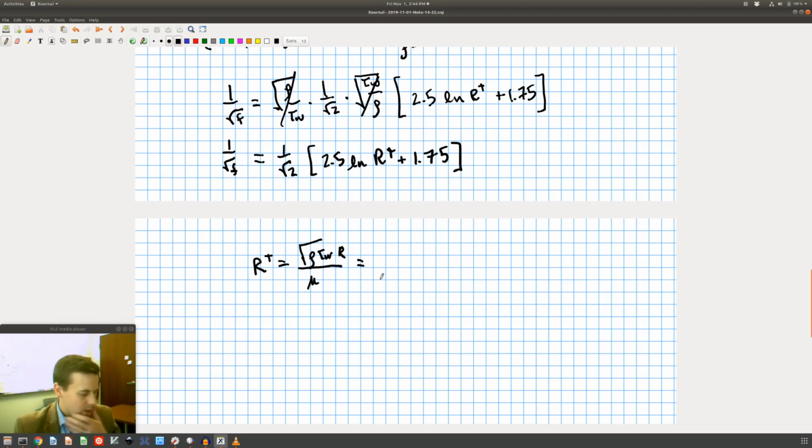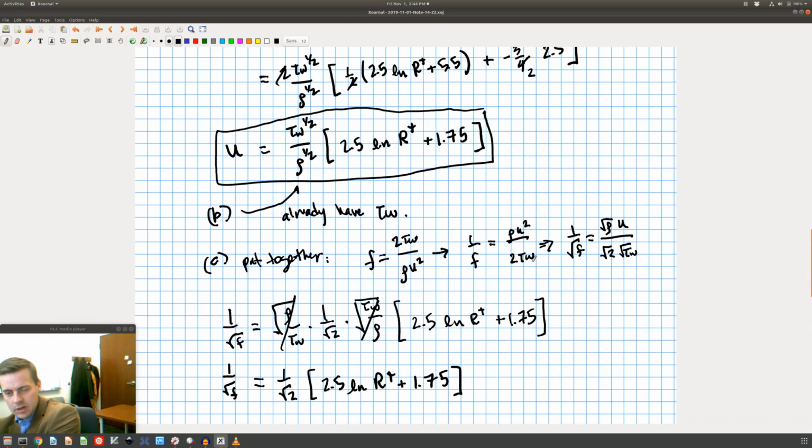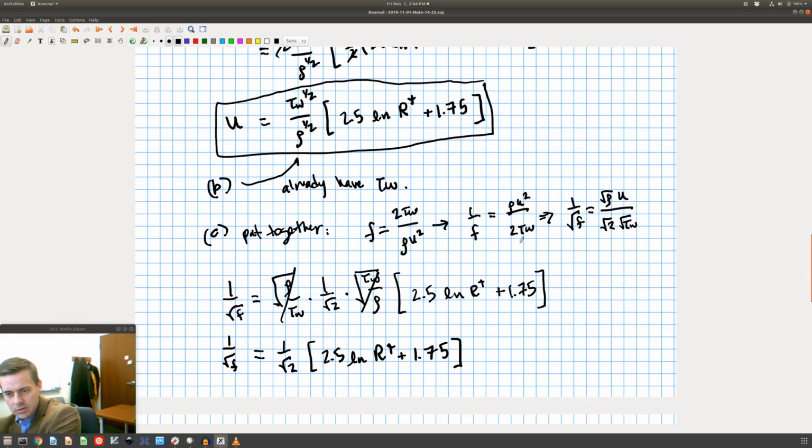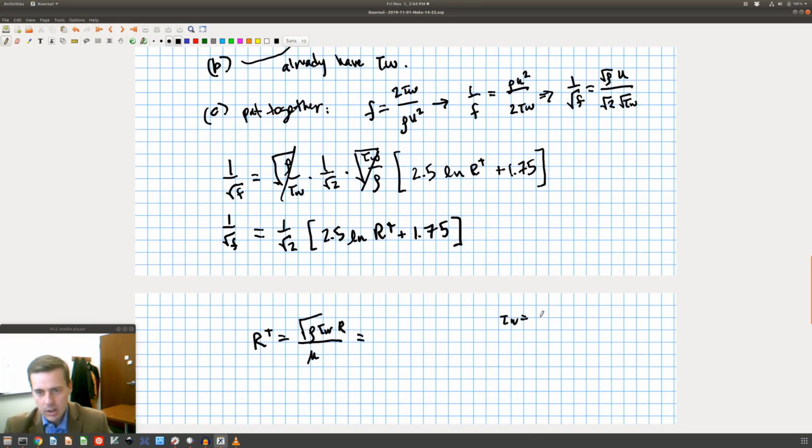Well, we said that we had this tau W in here, so let's substitute, using our expression for the friction factor. Let's solve for tau W. Right here, I can rearrange this and solve for tau W, which is equal to f rho U squared divided by 2. Now let me plug that in.